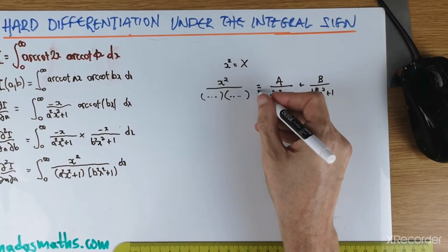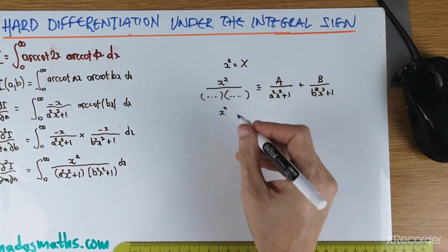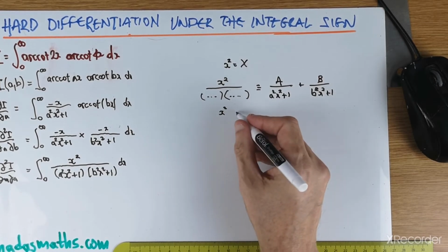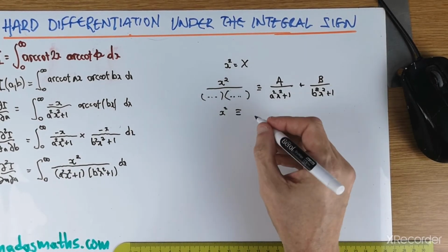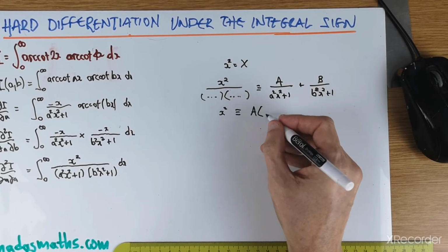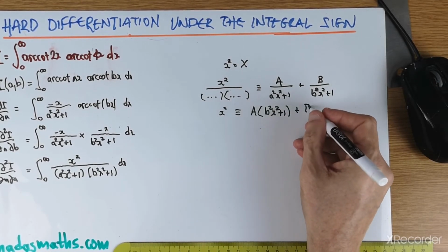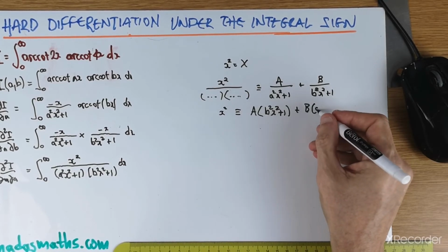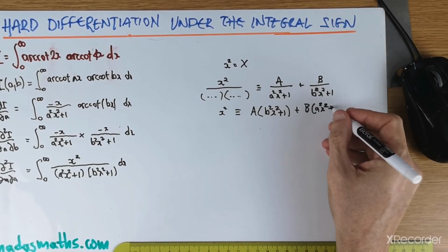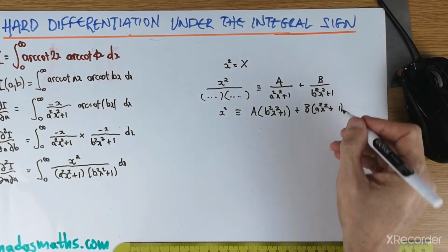So I'm going to do it by equating coefficients. Really, it's probably easier rather than doing cover-ups here. So that's going to be identical to capital A, b squared x squared plus 1, plus capital B, a squared x squared plus 1.